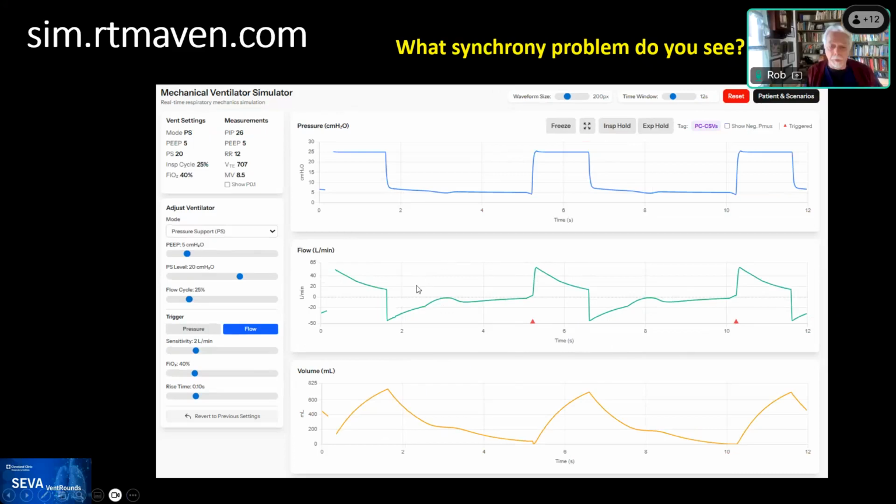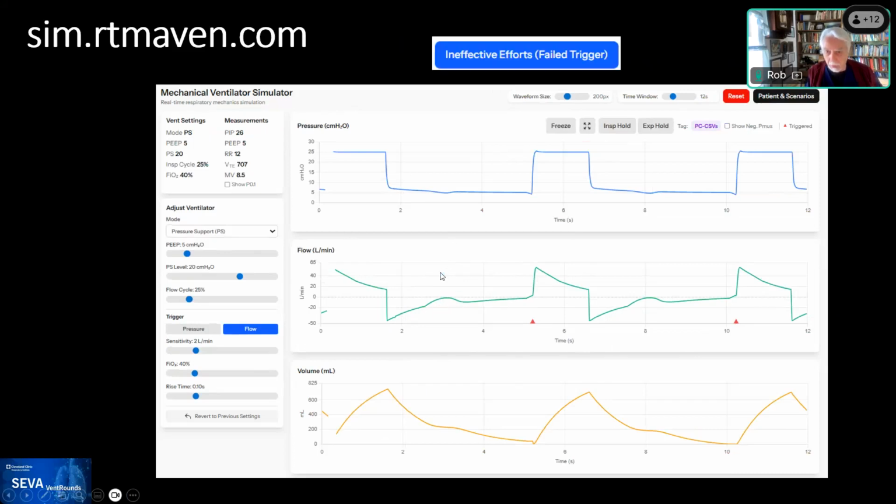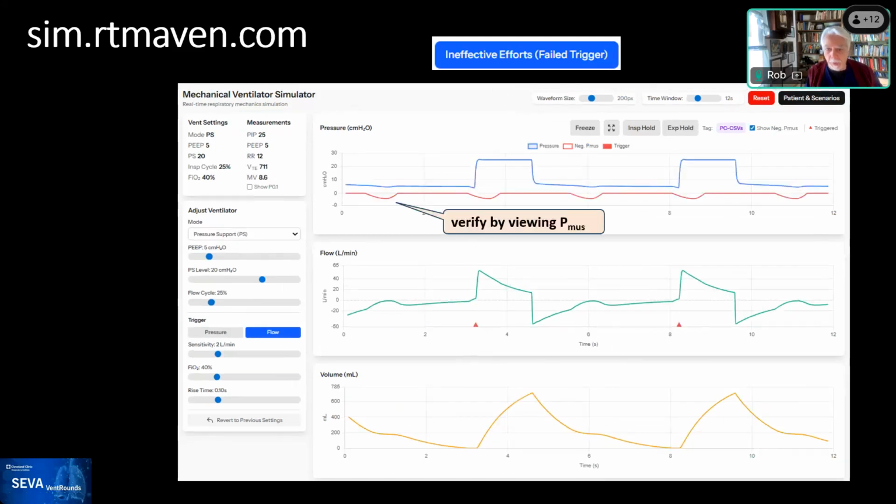Yep, and where you see the failed trigger is in the expiratory flow curve. We see that it's not a nice exponential. It gets this little hump in here. That hump comes from PMUS. And I will point out that oftentimes in the literature and on some simulators, PMUS is shown as a negative value.